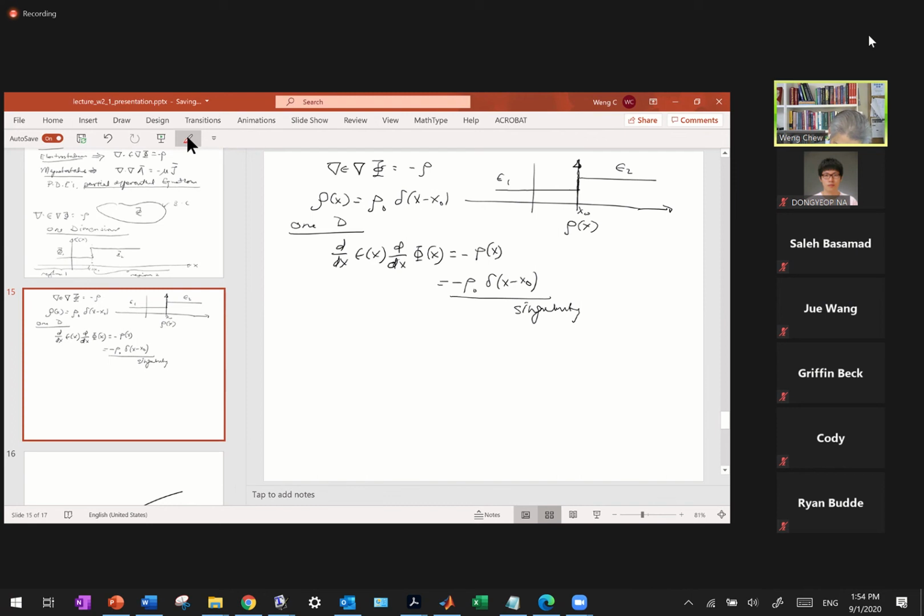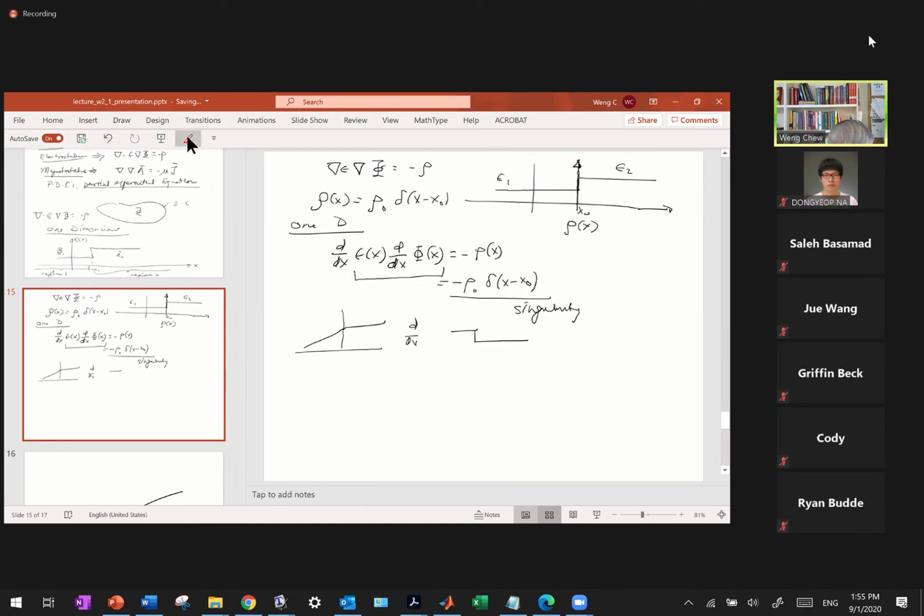The singularity must emerge, which means that this function here must have a jump discontinuity. I'd like to introduce you to the notion that if a function has a slope discontinuity and you differentiate it, you get something with a step discontinuity.